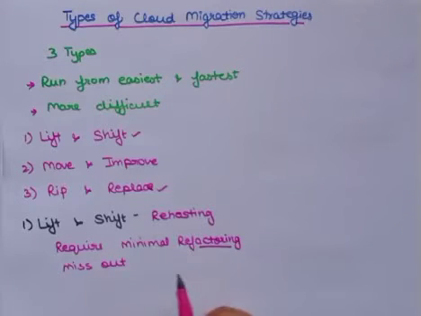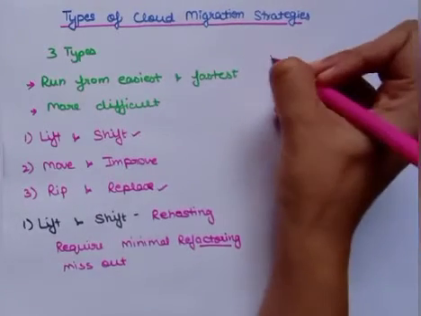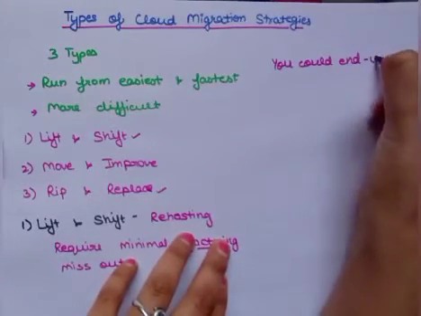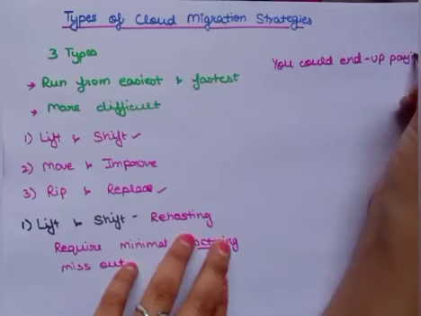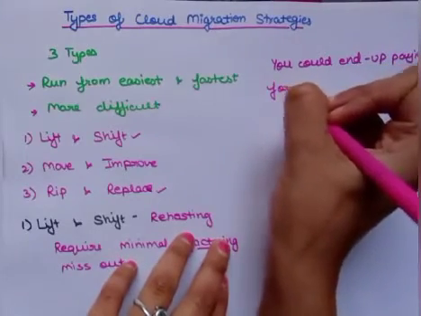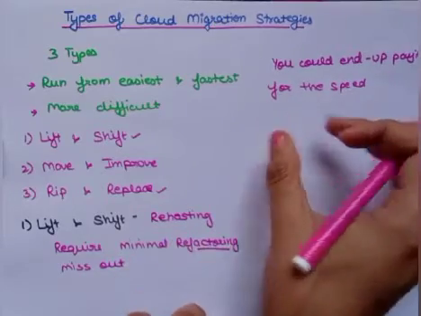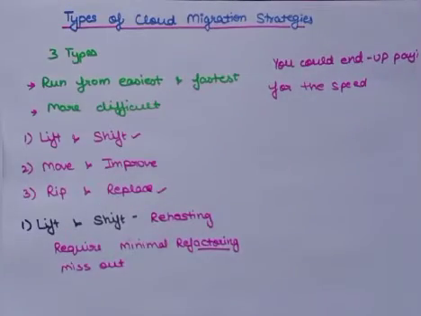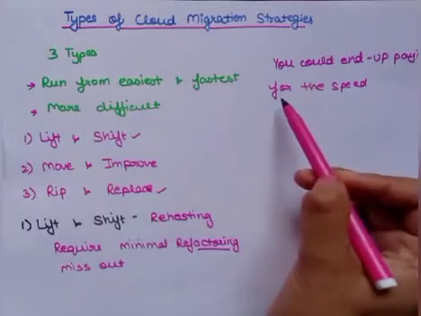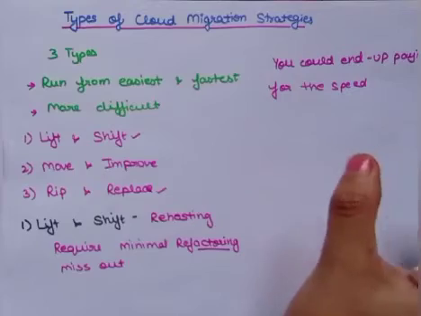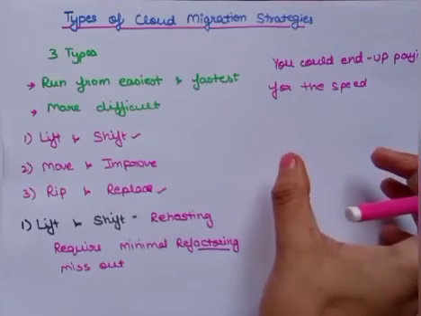Because you are performing the bare minimum changes needed. This means that you could end up paying for the speed and the ease of your migration in the long run, right? And this is its major drawback, at least when compared to a more thorough approach.